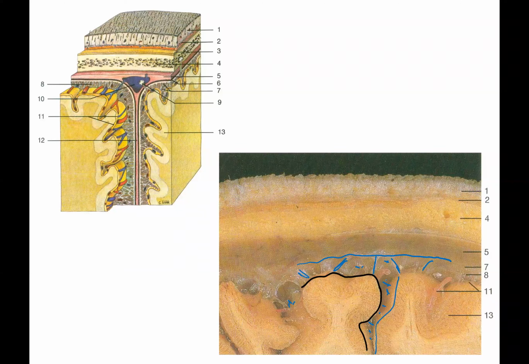You can see another thing: it's not only CSF in this space, you can also get blood vessels. All the arteries that supply the brain travel through the subarachnoid space. So if one of these blood vessels bleeds, it will bleed into the subarachnoid space, and blood will collect there.